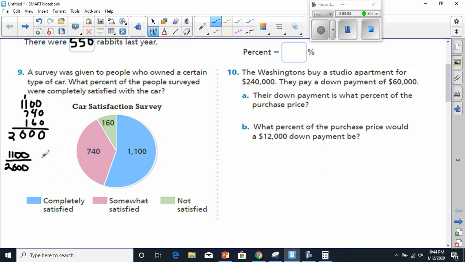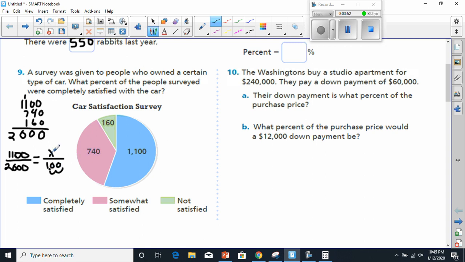And now if we're going to find out the percent that was completely satisfied, we have to realize that 2,000 represents 100% of all the people. And since it's a percent, we're going to move that decimal over twice.